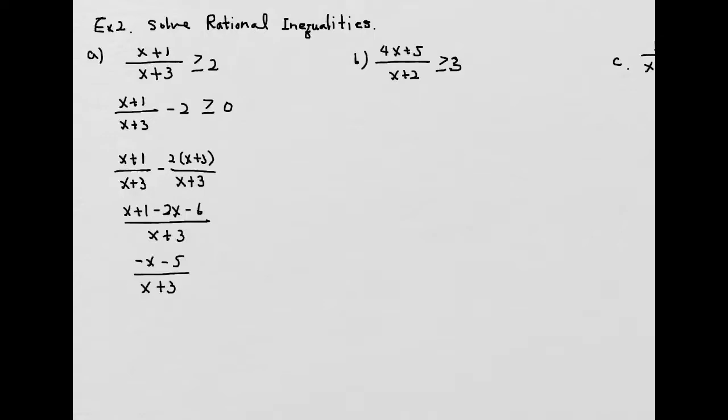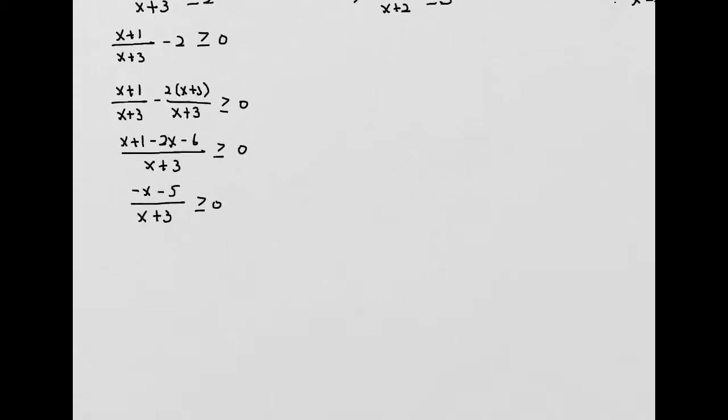And we know this is what? This is still greater than or equal to 0, right? You just did simplifying on the left side. So once you simplify the left side into 1 fraction, then you have 2 boundary points, one from the numerator, one from the denominator.